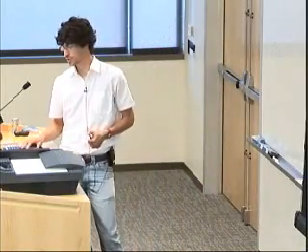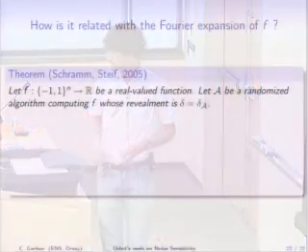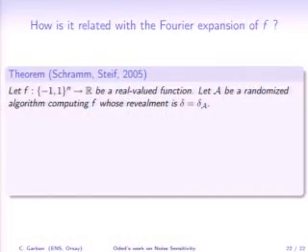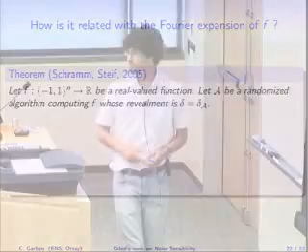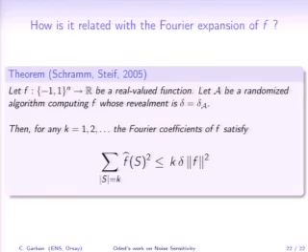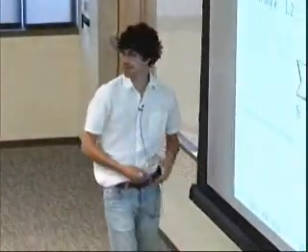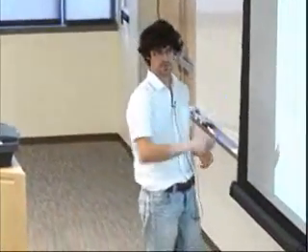If you take a Boolean function on the hypercube, and even a real valued function, and if you have a randomized algorithm which computes f with revealment delta, then only this information gives you deep information on the spectrum. For any level k, the level k mass of the Fourier distribution is dominated by k times the revealment times the L2 norm squared of f.